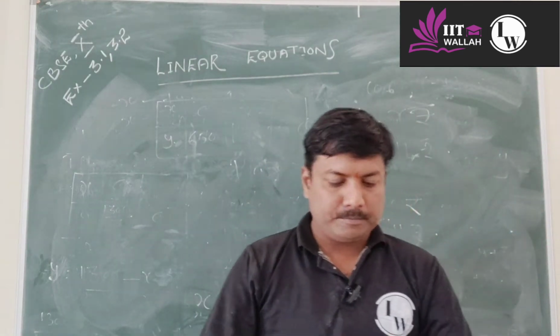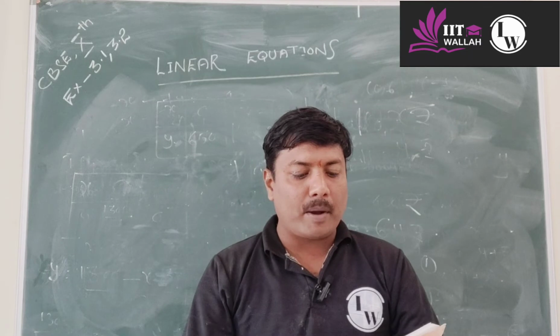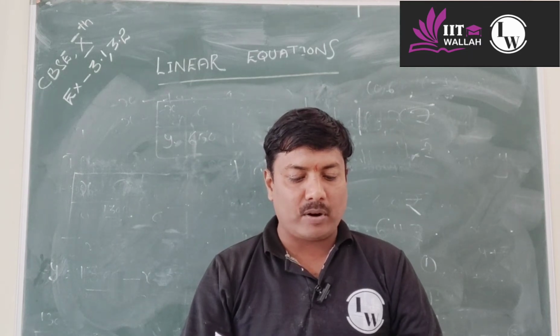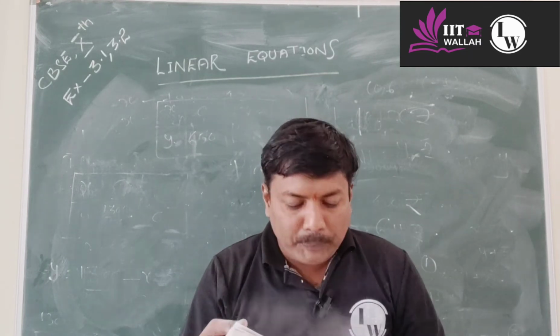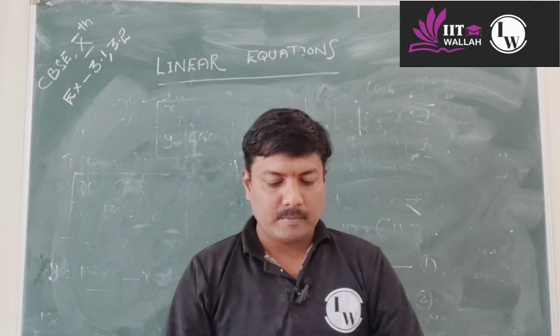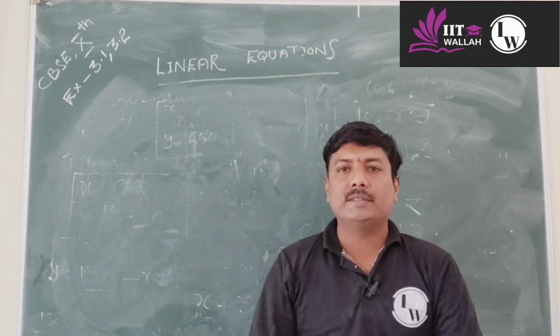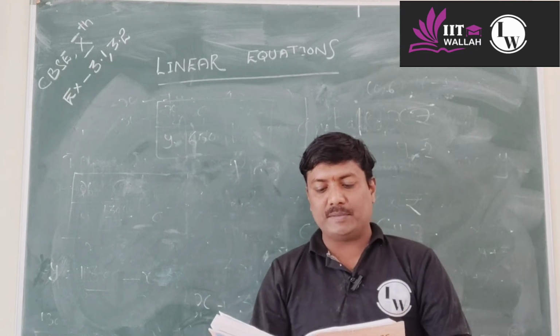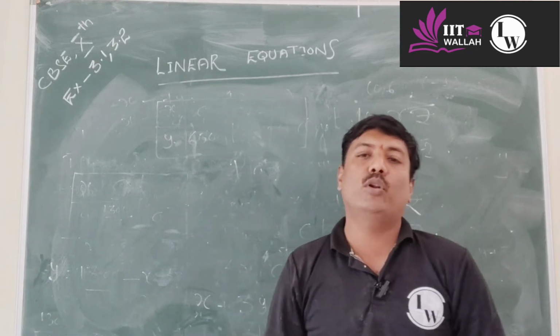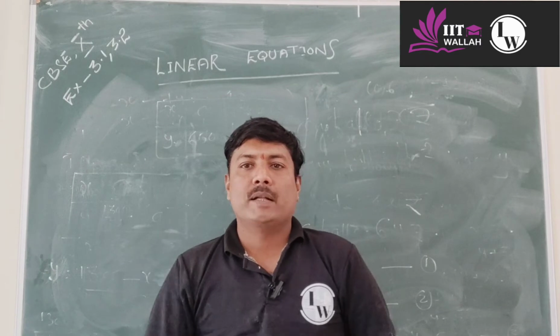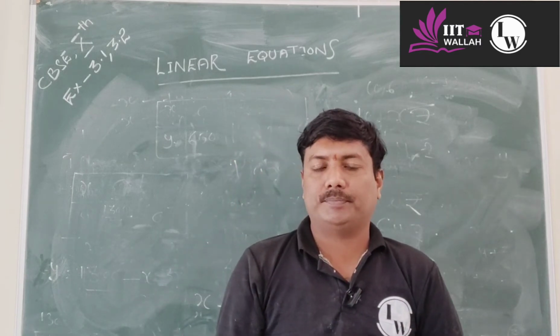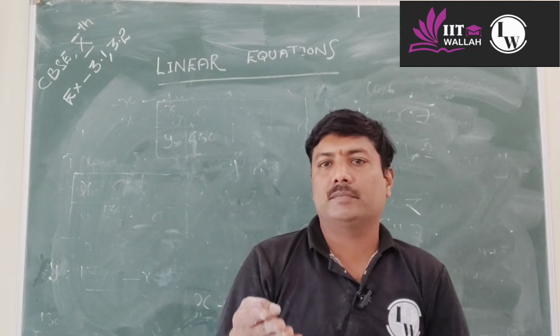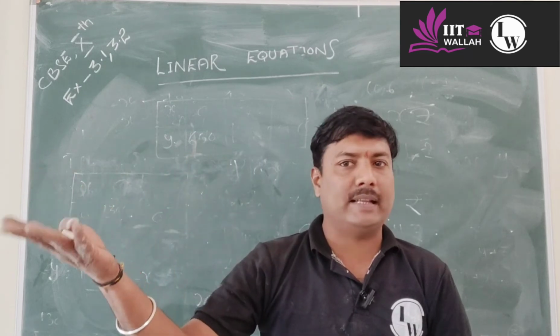Next question we will see. The cost of 2 kg of apples and 1 kg of grapes on a day was found to be 160. After a month, the cost of 4 kg of apples and 2 kg of grapes is 300. So you know that these fruits and vegetables today may be some rate, tomorrow may be another rate.